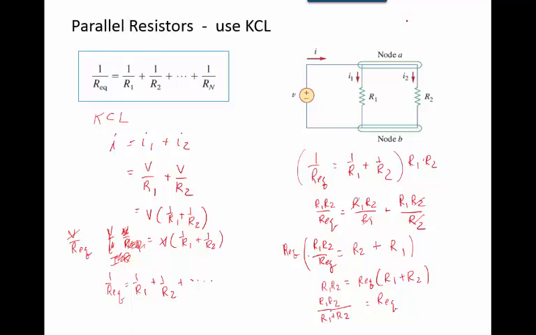So if I see two resistors in parallel, I can immediately write that the equivalent resistance is this equation right here. This is like saying I have my voltage source and I have one equivalent resistance right there.